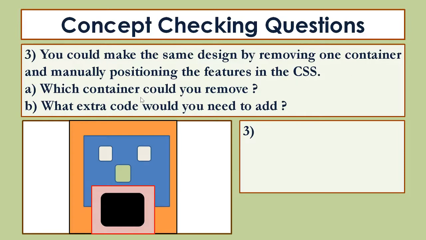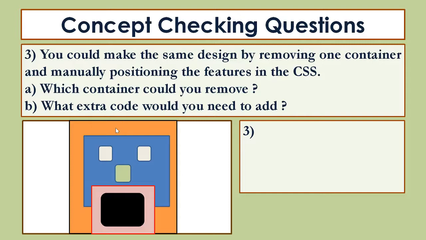If you mentioned the eyes, for example, you could remove the eyes container from the layout, but then you would have to manually position the left eye, the right eye, and then the nose. Because you are manually positioning, you would have to create more CSS.